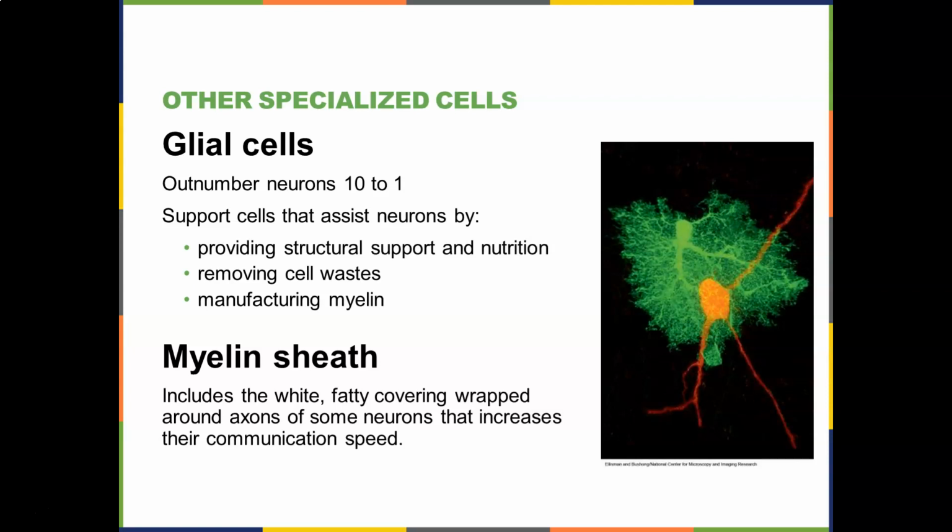Well, it's the glial cells that clean that out, and that usually happens while we're sleeping at night. So glial cells actually clean the brain and keep it healthy. And then they also manufacture myelin and supply nutrition to the neurons. So you can see that glial cells are extremely important to all this.